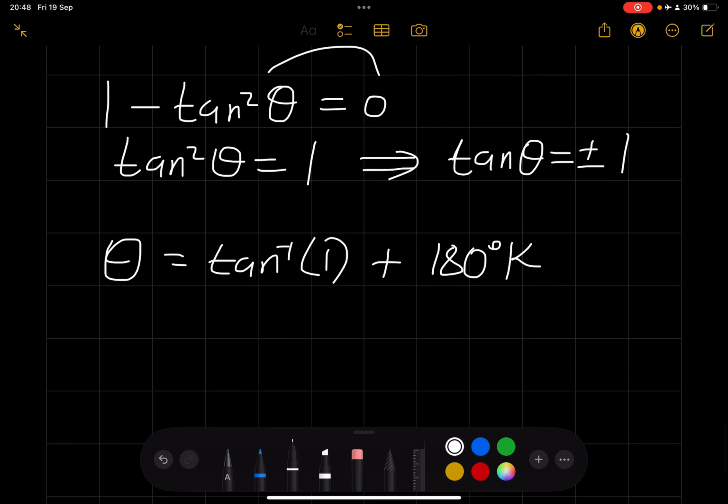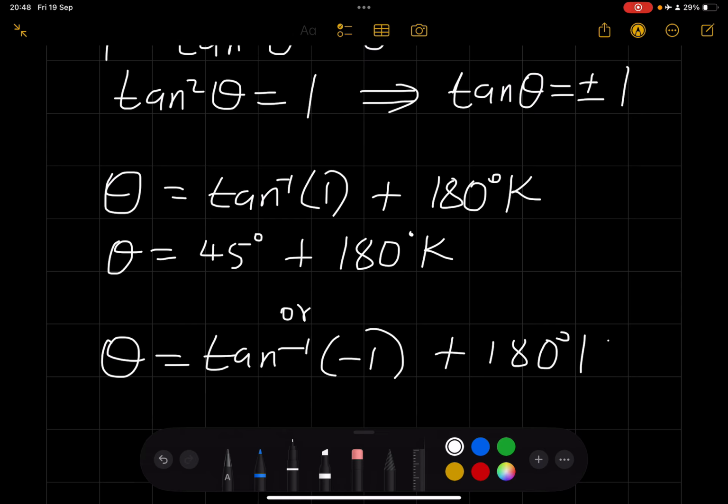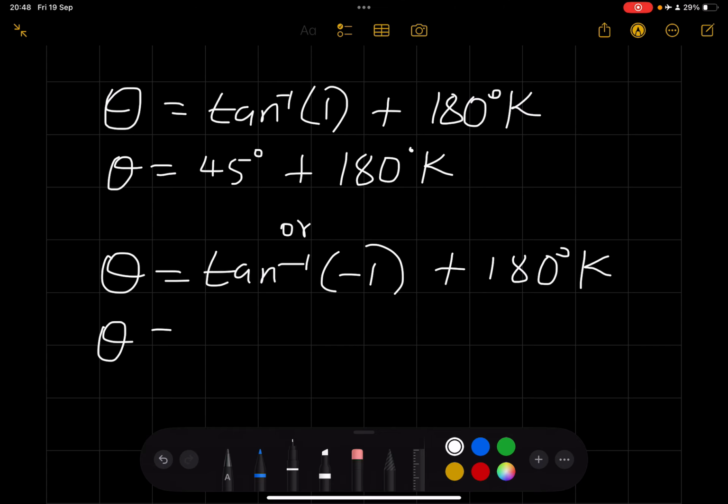That gives theta equals 45 degrees plus 180 degrees k. Or we can do shift tan of negative 1, plus 180 degrees k, which gives theta equals negative 45 degrees plus 180 degrees k. And those are your answers for this question, ladies and gentlemen.